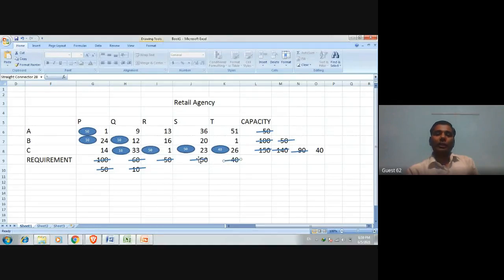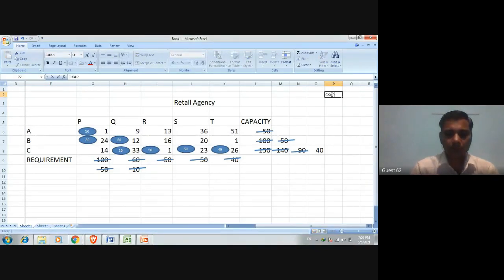So let us check now what was the capacity of all the retail agencies, that is P, Q, R, S, and T, and what was, sorry, the capacity of A, B, and C, and what was the requirement of P, Q, R, S, and T. So let's add here capacity.